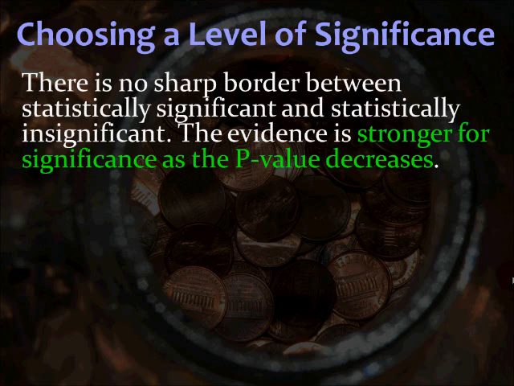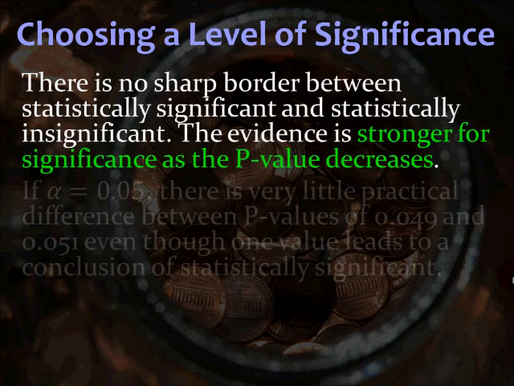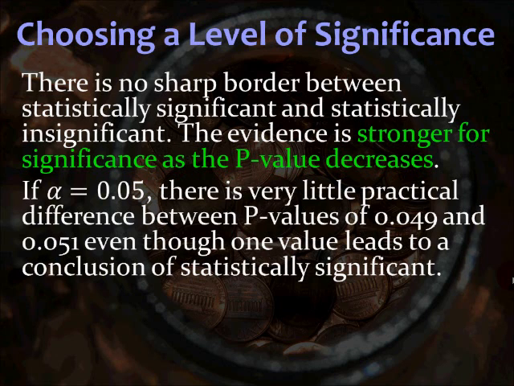There is no sharp border between statistically significant and statistically insignificant. All we can say for sure is that the evidence is stronger for significance as the p-value decreases. For example, if alpha is 0.05, there's very little practical difference between p-values of 0.049 and 0.051, even though one value will lead you to a conclusion of statistical significance.